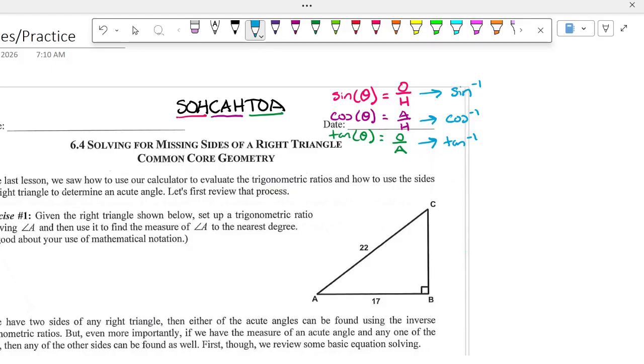Guys, look back at your 6.3 notes. We use inverse trig to solve for something that starts with an A. It should be at the bottom of page 10.